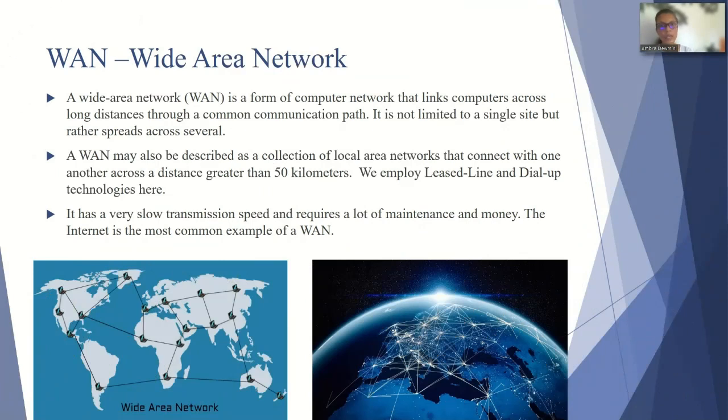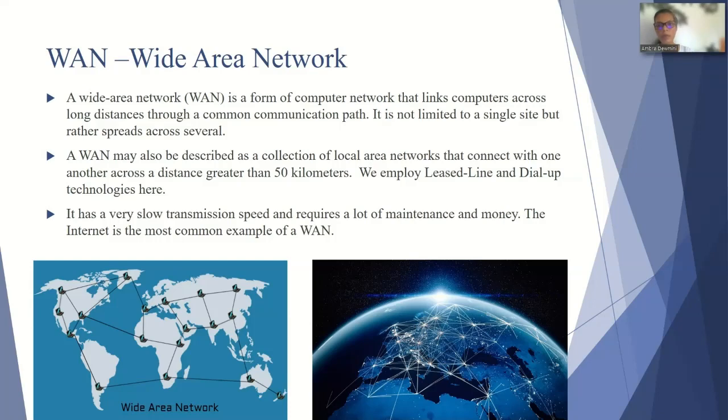WAN, Wide Area Network. A wide area network is a form of computer network that links computers across long distances through a common communication path. It's not limited to a single site but rather spread across several.